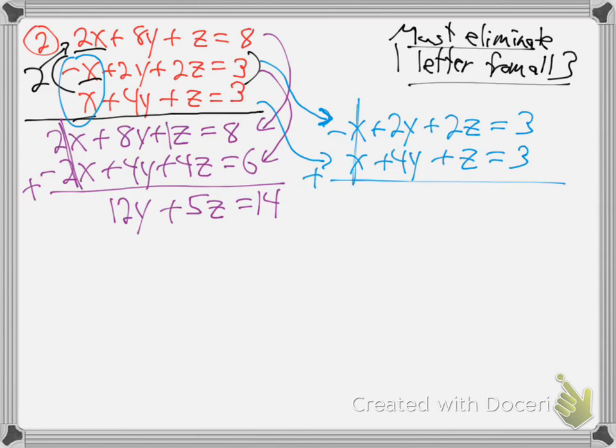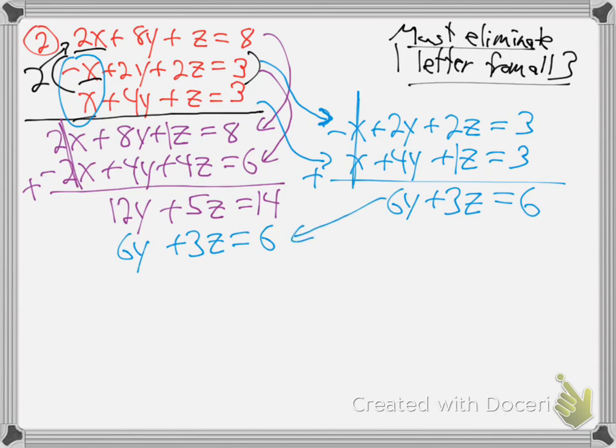Add them up, boom, those cancel, 6y plus 3z is 6. So see how I got x to drop out of all the equations, and now I have two equations that only have two letters, y and z. Bring it over, 6y plus 3z is 6.